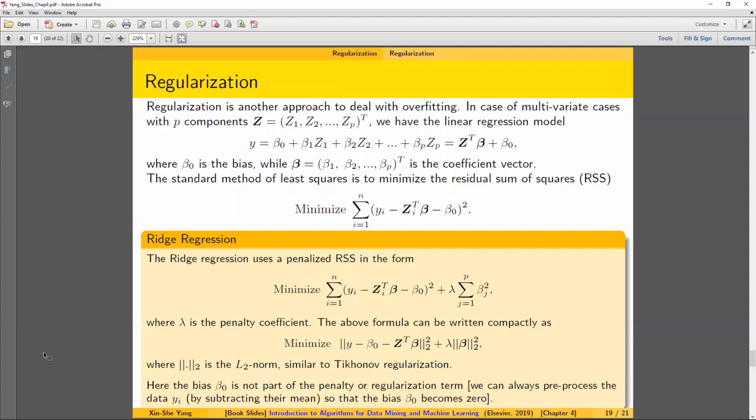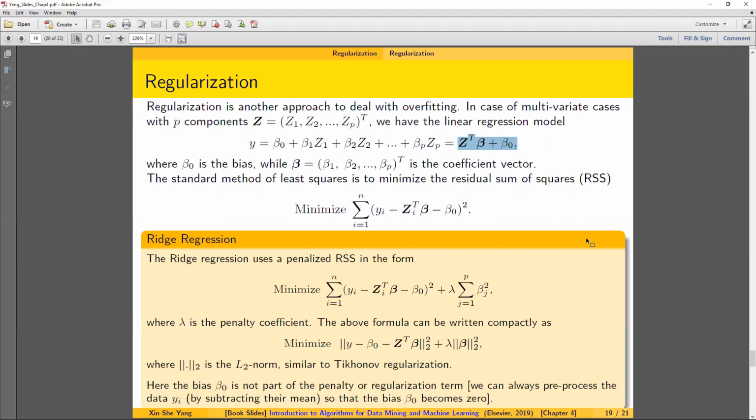In the case of multivariate cases with p components, z equal to z1 all the way to zp, we have the linear regression model of y equal to beta 0 plus beta 1 z1 plus beta 2 z2, etc., and then it can be rewritten in a compact matrix form, as I highlighted here, where beta 0 is a bias while beta is a coefficient vector.